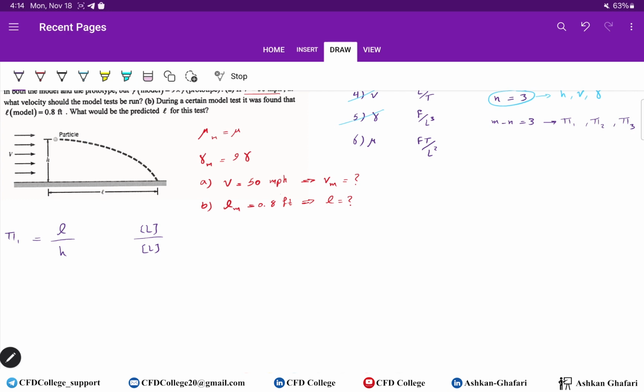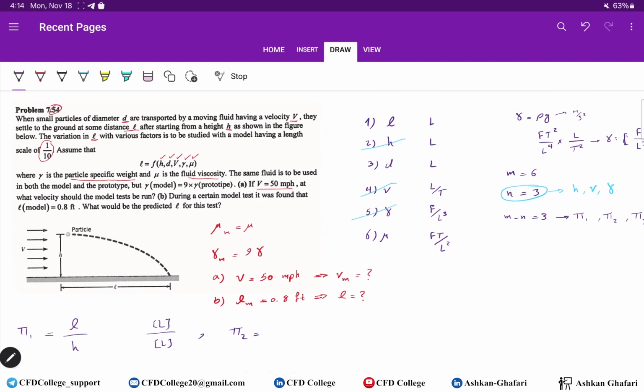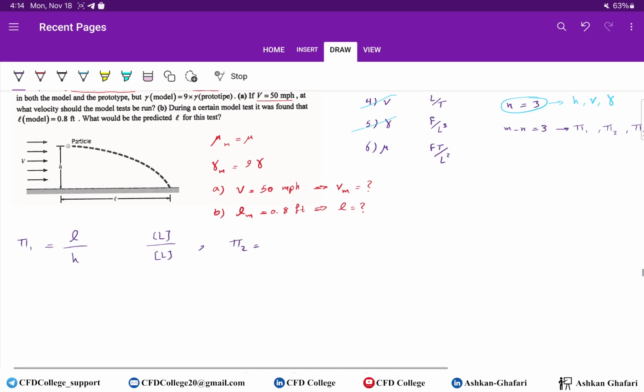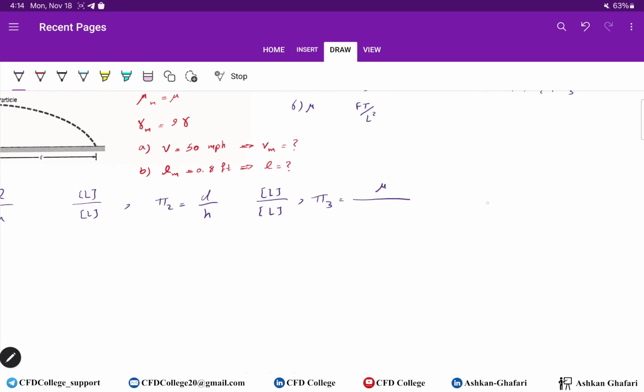Pi 2 is the diameter, and it's easy too, because the unit is L and we have H for it. The last one we deal with is mu, F T over L square.